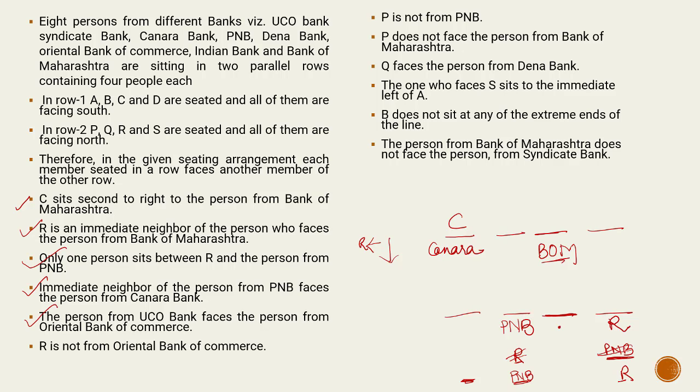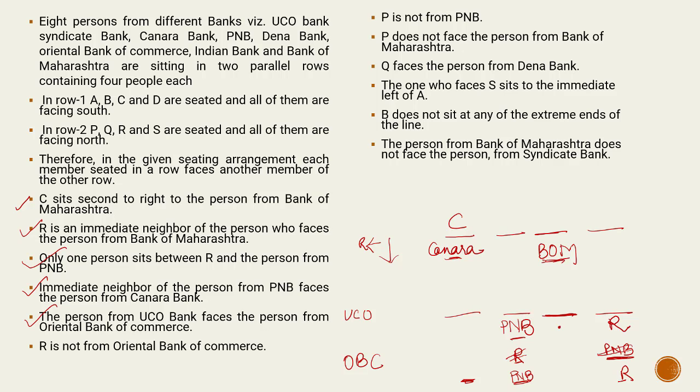The person from UCO Bank faces the person from Oriental Bank of Commerce. So all I know, the UCO Bank person and the OBC person face each other. They should come just in front of one another. Now I can see I already have Canara here, PNB here, and Bank of Maharashtra here.